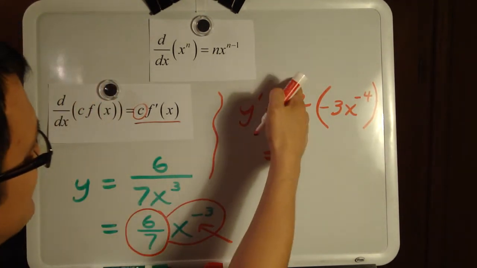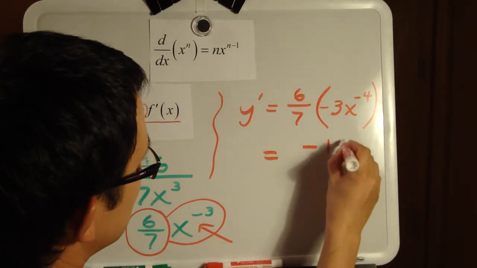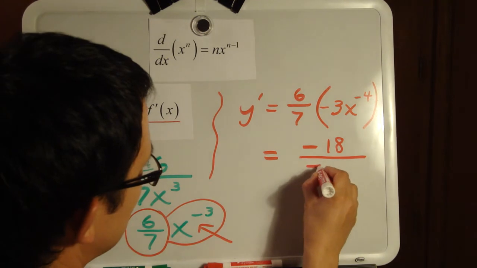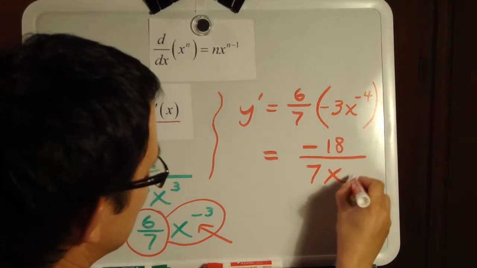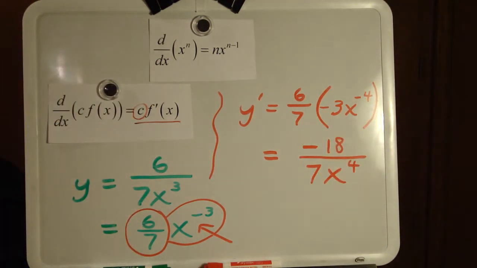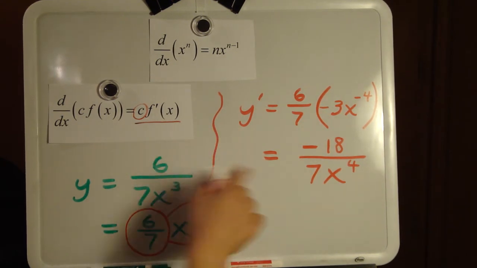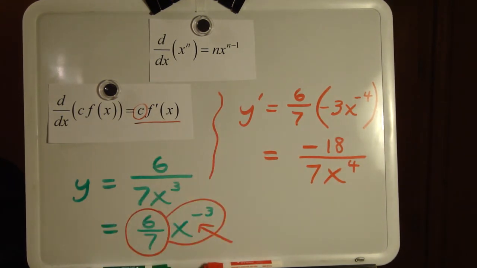This will give us a negative 18 in the numerator, and in the denominator we have a 7, and then we can bring the x factor down here. So it looks like negative 18 divided by 7x to the 4th. Again, this is our function y, and this is the transformation here, y prime.